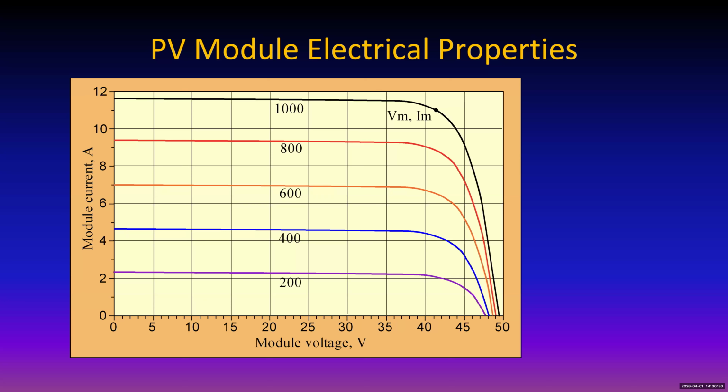Notice, though, that there's a point where all of a sudden that almost constant current starts tailing off, and all of a sudden there is no more current flowing at a certain voltage. That voltage is called the open circuit voltage.